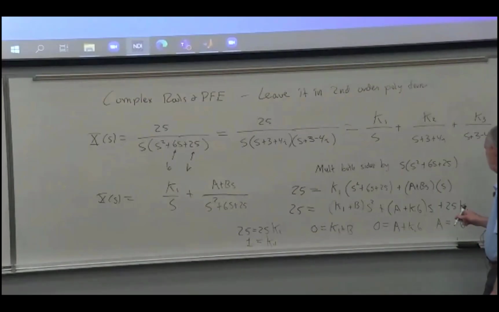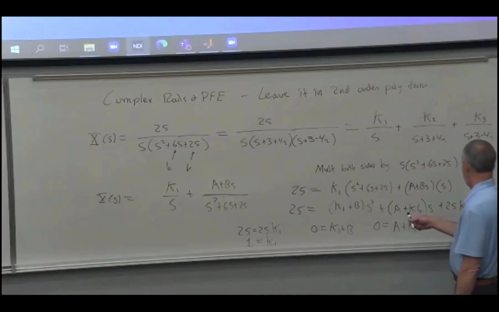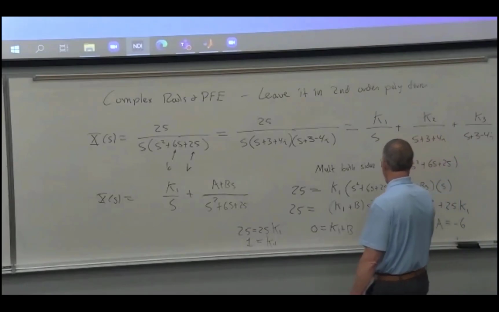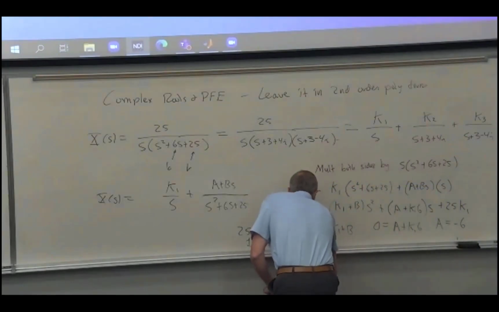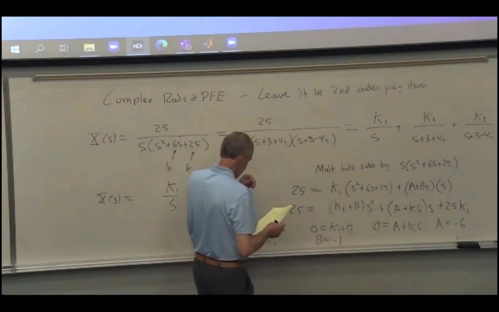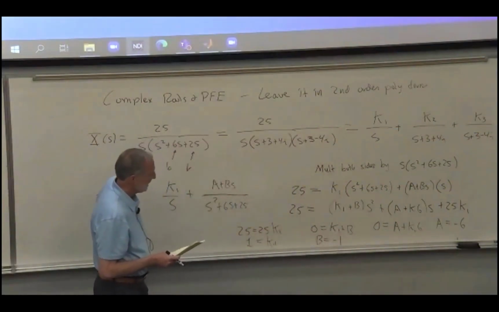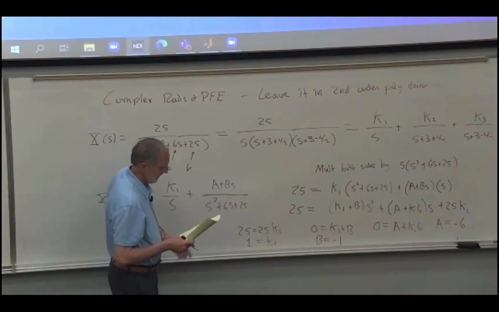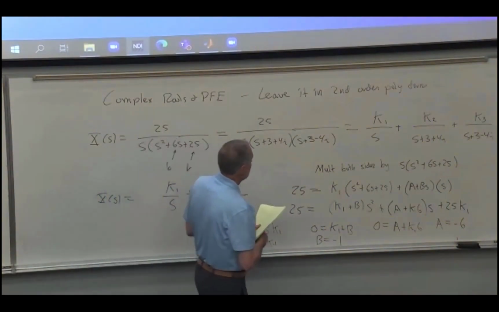And then the other equation is A plus K. We already did that one. Yeah, so that gives me A, and then K1 in here gives me B is minus 1. So that's how you could do it and keep it all together. And then you've got the expansion.